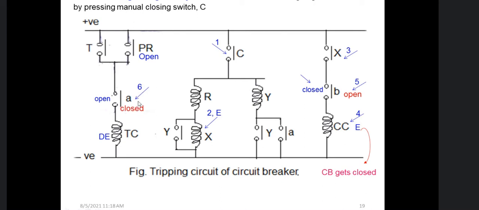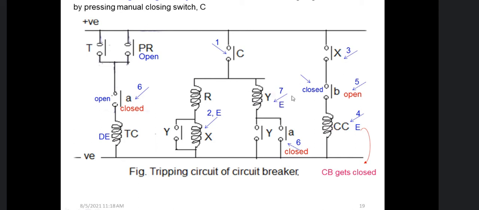Now when A is closed, the trip coil will not be energized, as the manual trip button or the primary relay signal is not available, and those contacts are not closed. But A contact is closed, so this contact will be closed. Then this Y coil will get energized through this contact, because it will get the negative terminal of the voltage.